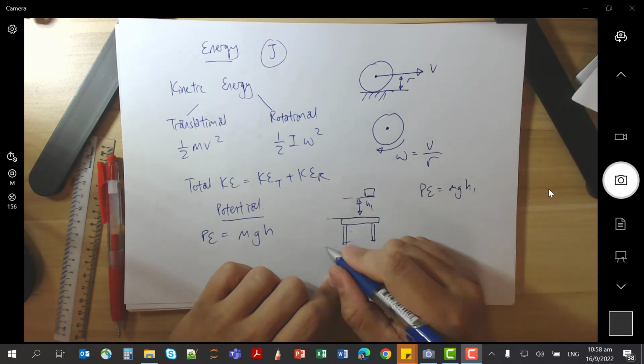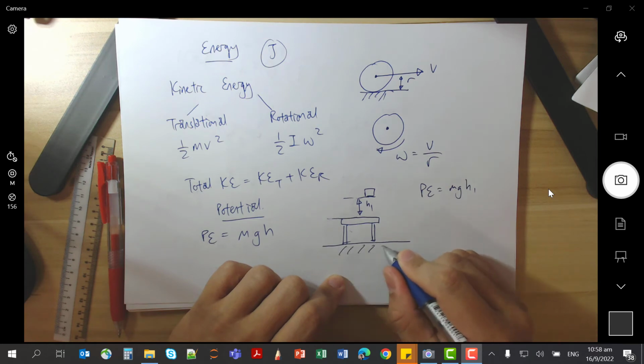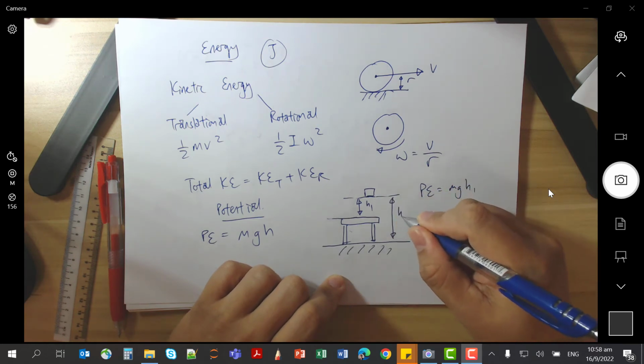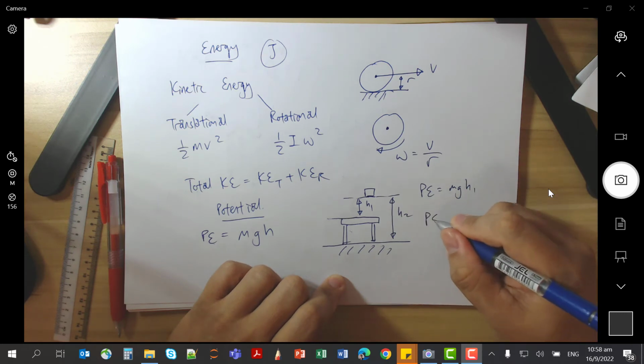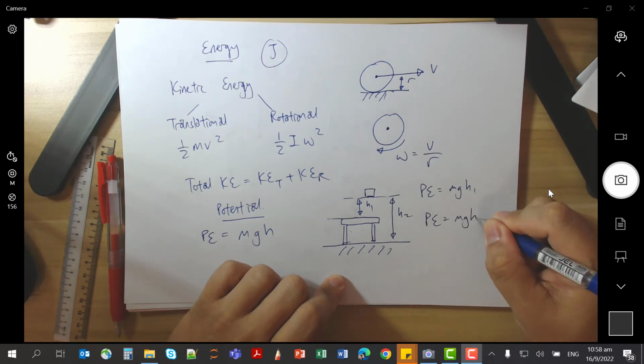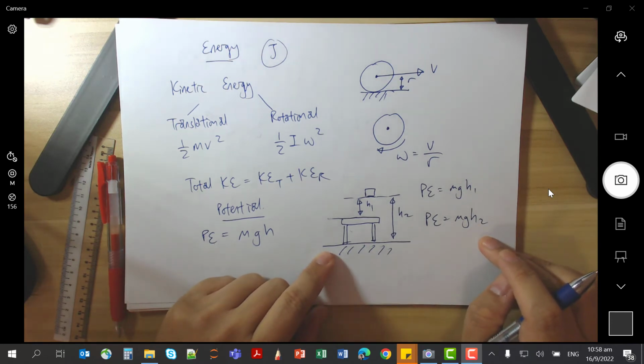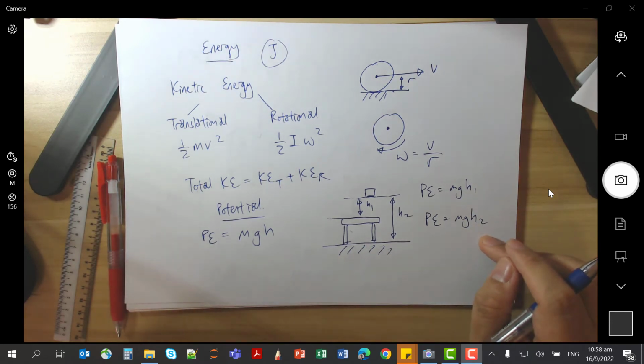But if you look at the ground, the height is a totally different thing, h2. So now the PE is mgh2, but this PE will be with respect to the ground. So the key is always to define with respect to what.